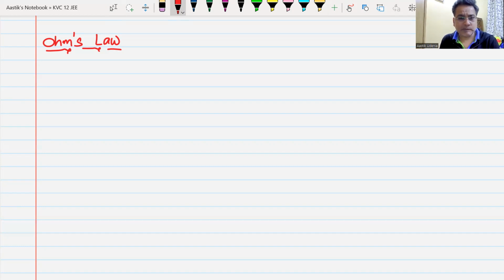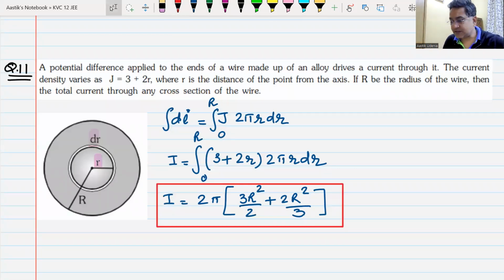Yes, tell me, beta. Previous page is gone. You can write it from somewhere else. Let us discuss this. Sir, there is a mistake in the answer. What mistake is there in the answer? Yes, 2r cube by 3. You can put r cube by 3. Doesn't matter, it's okay.